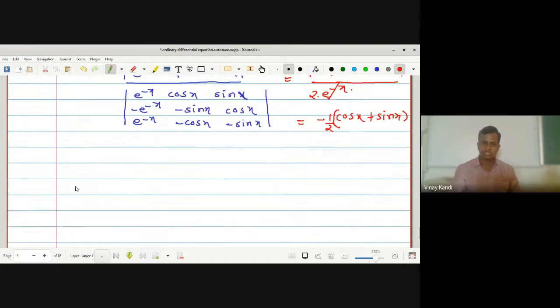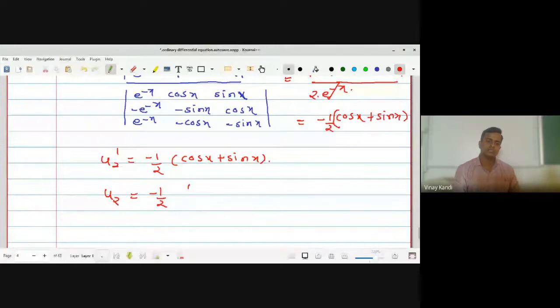So at last we get u2 dash is equal to minus 1 upon 2 into cos x plus sin x. Minus is ना का plus येतोय? Minus येते sir. Now integrating we get u2 is equal to, this is as it is, integration of cos x plus sin x dx. What we get? Minus 1 by 2.